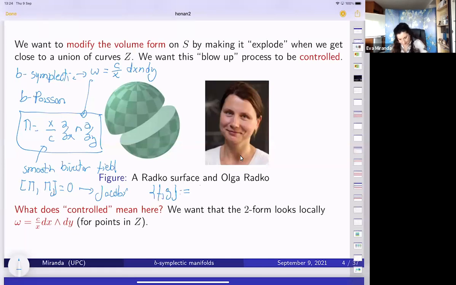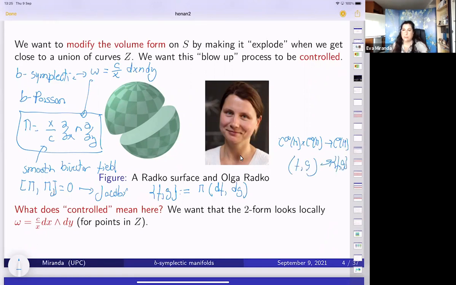I can pair this bivector field with the differential of f and the differential of g. And this defines an assignment that is a bracket, because it takes two differentiable functions and gives me a differentiable function. And that's a Poisson bracket.